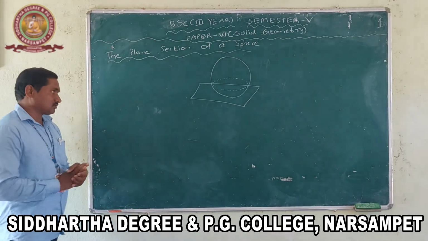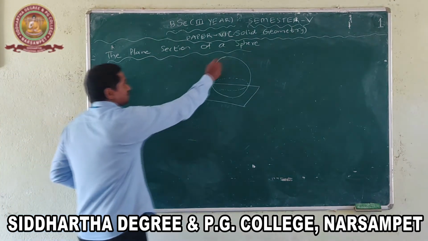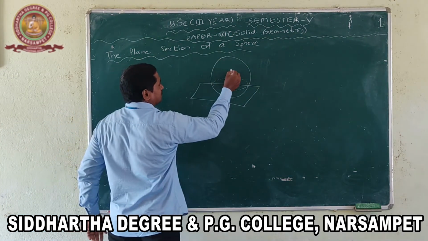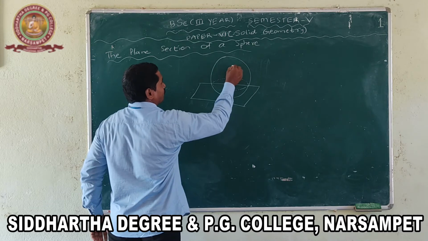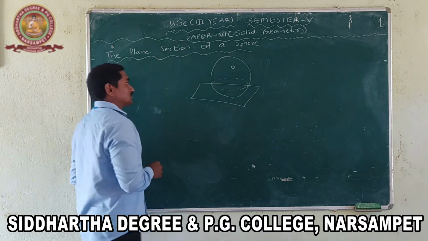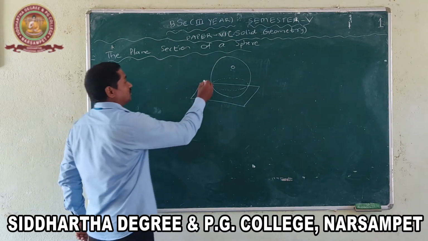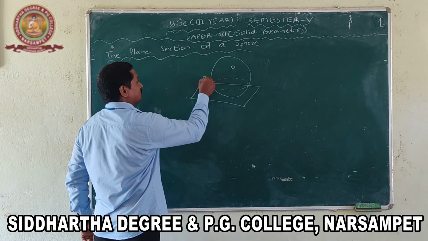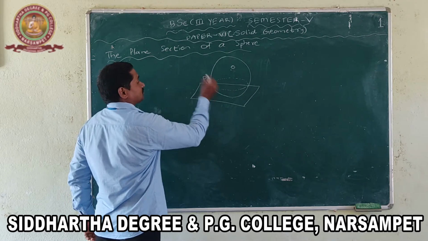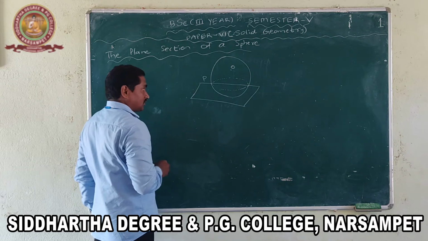For this, let us take a sphere with center O, and let P be any variable point on the plane section of the sphere.